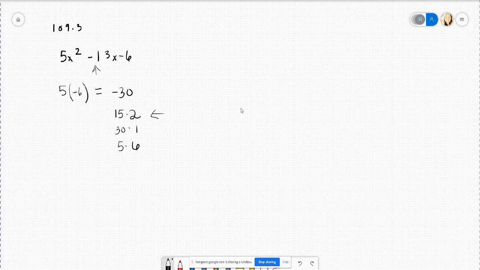So we're going to rewrite the whole thing, 5x squared, and then is the 15 going to be negative or the 2 going to be negative? Okay, so minus 15x plus 2x, and then that original negative 6 goes down at the end. All right, now we're going to split this into two groups.